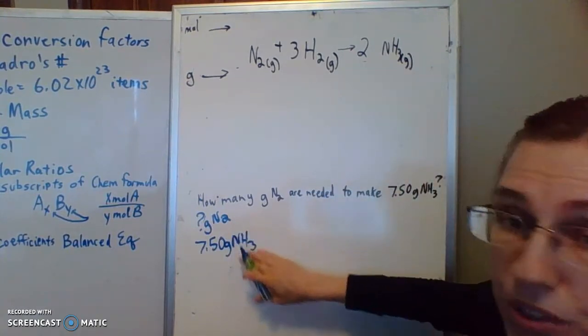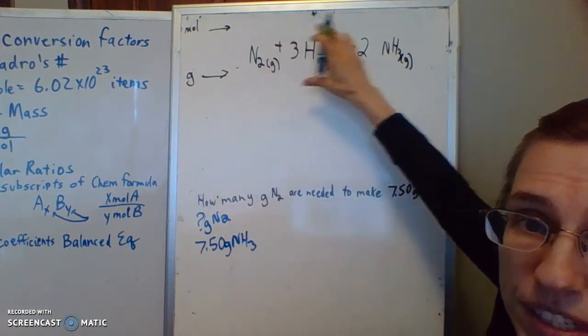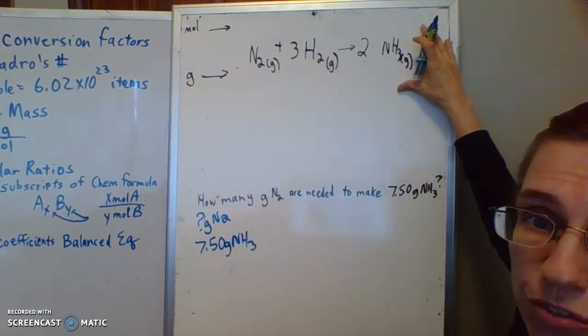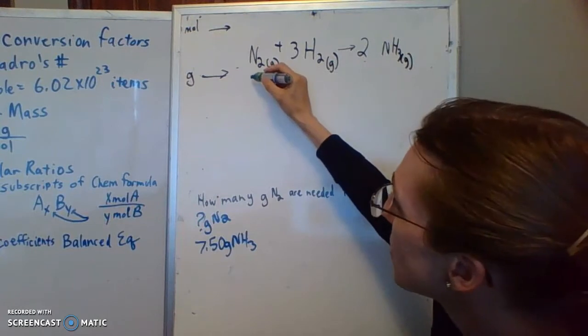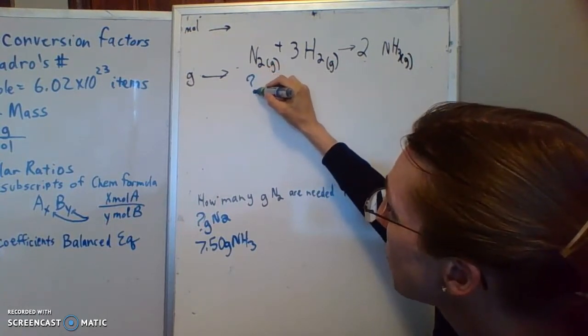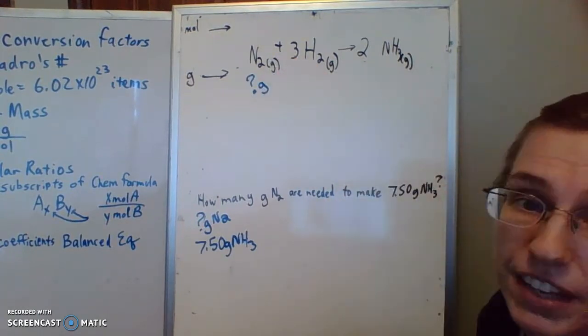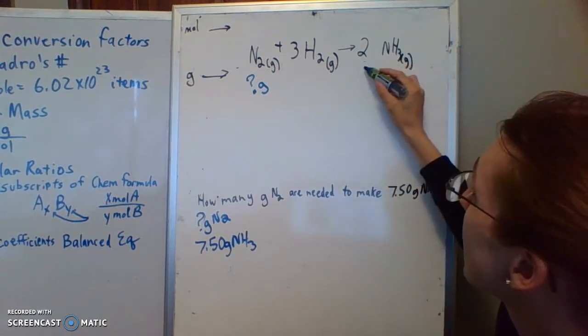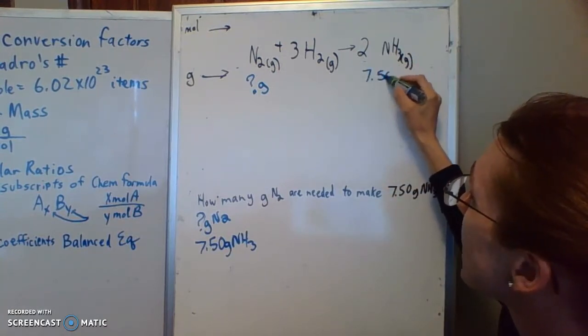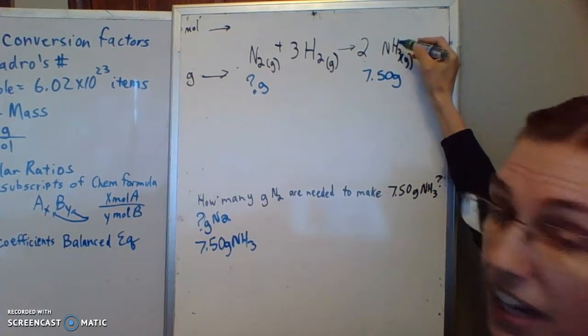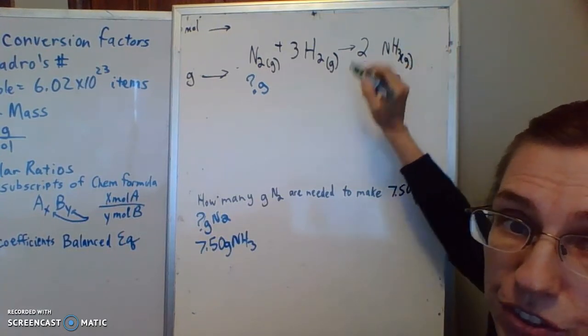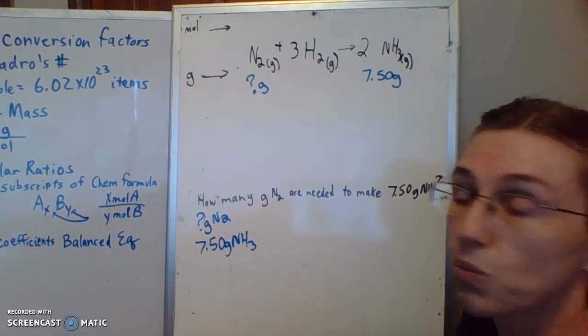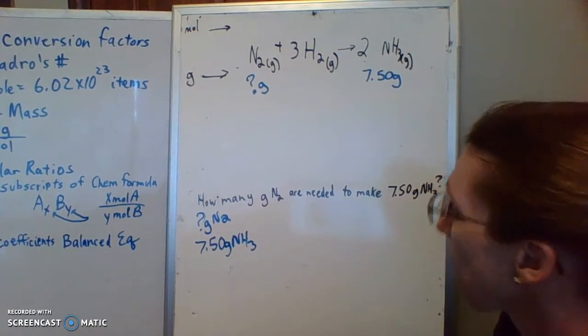So we're going to put down these things right where we said on our little table up here. So our question mark is the grams of N2. What we have are 7.50 grams of our NH3.